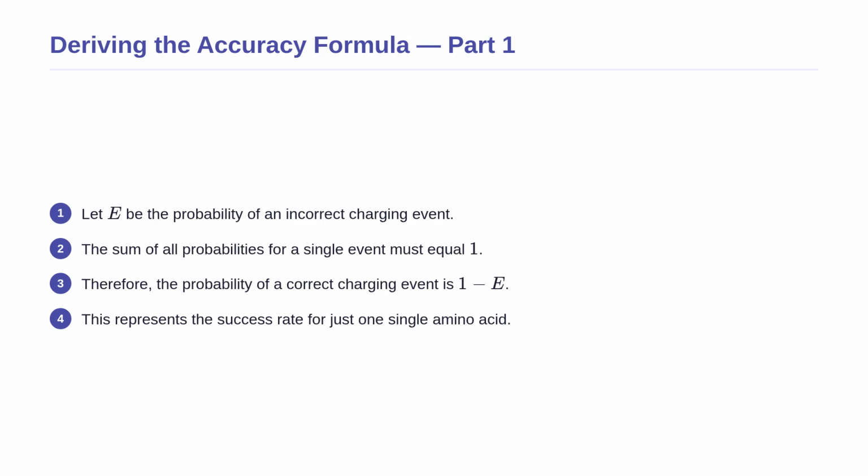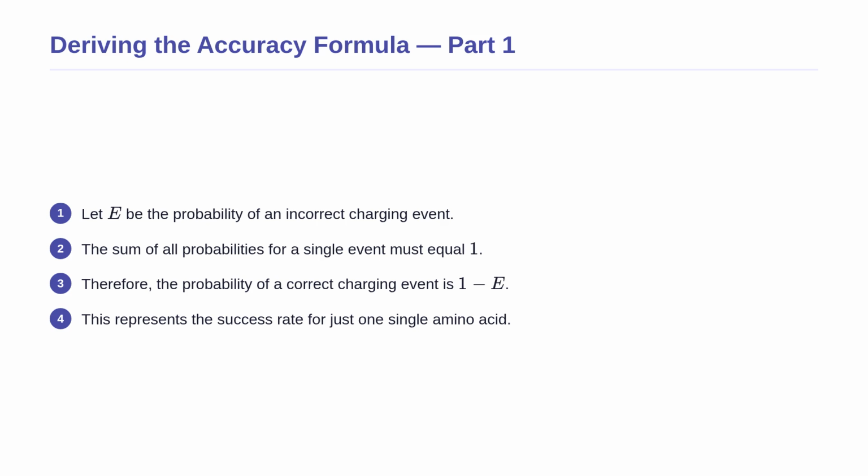This brings us to understanding its mathematical foundation. We are setting out to derive why the formula takes this specific exponential form. We start by looking at a single charging event. Let the variable E represent the probability of an error, or an incorrect charging event.